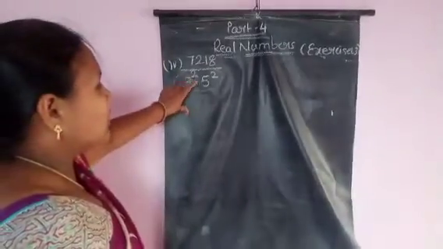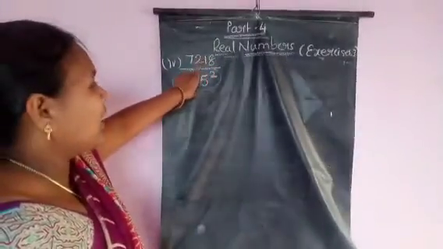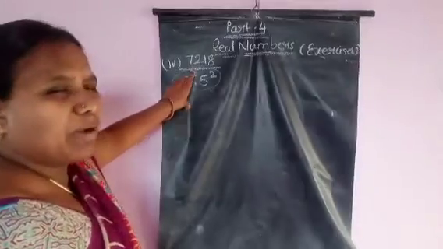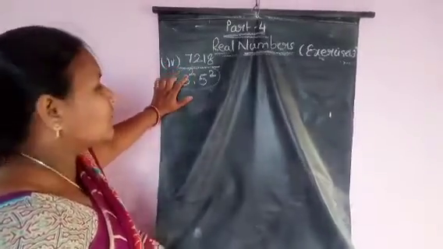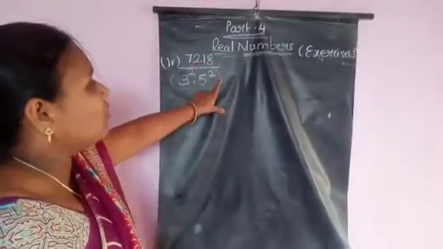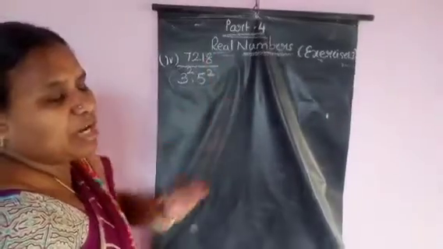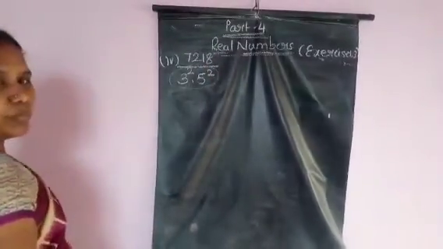So what we have to do here is divide 7218 by 3 to the power of 2. 3 to the power of 2 means it is 9. So by 9 we have to divide this, and we have to multiply this whole fraction by 2 to the power of 2 into 2 to the power of 2.